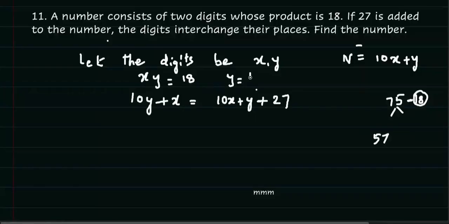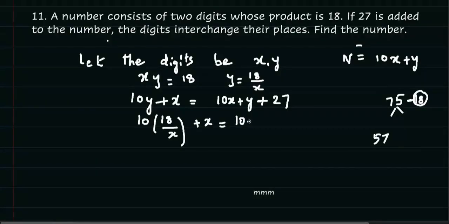So 10 into 18 by x plus x equals 10x plus 18 by x plus 27.